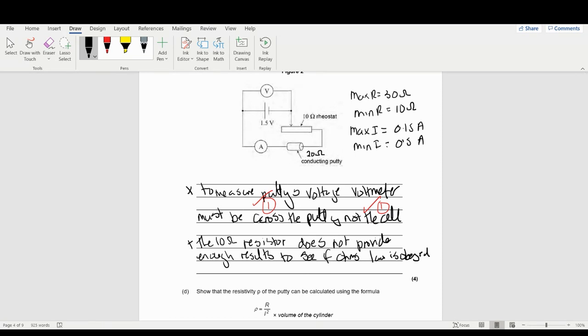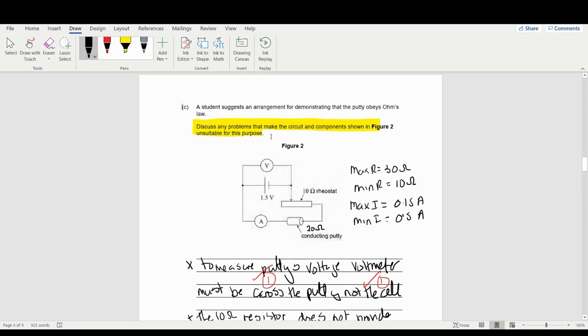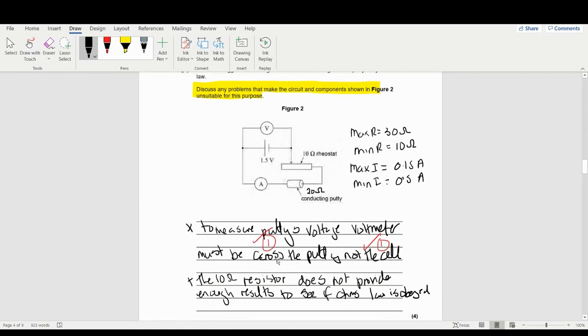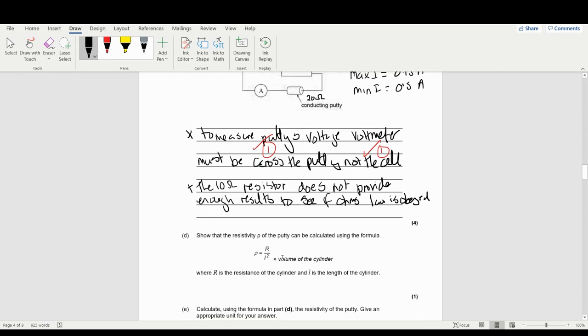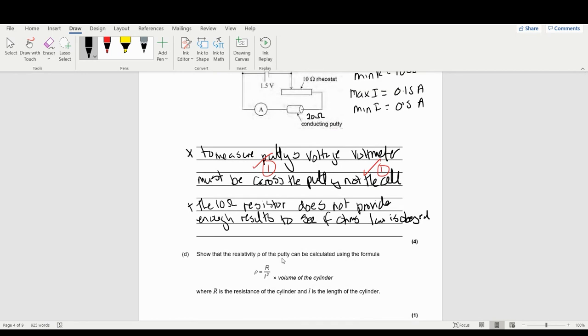Okay, so what you could have then done here is, the question is, discuss any problems that will make it unsuitable for those purposes. It's actually not talking about how to change it. Okay, so the 10 ohm resistor does not provide enough results.